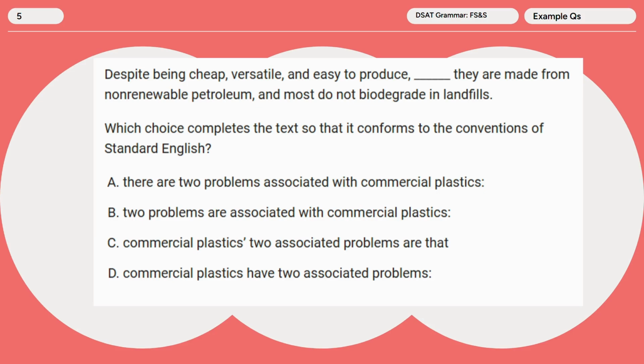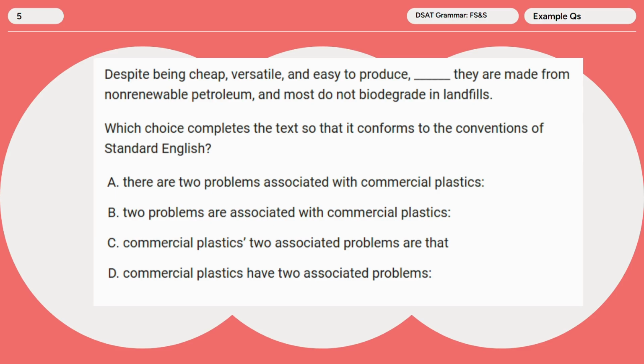In D, we see that the subject that the modifier would be modifying is commercial plastics. So plastic is cheap, easy, and versatile. So in this case, the answer would be D.